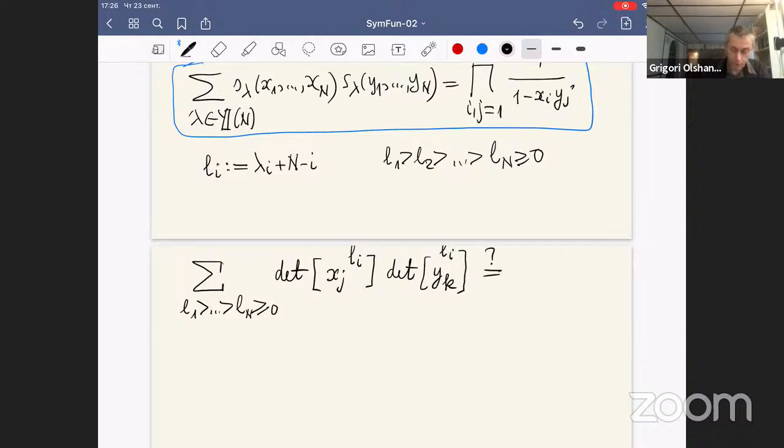And the equality that we want to get is that it should be equal to the Vandermonde in the x's, the Vandermonde in the y's, divided by this product.